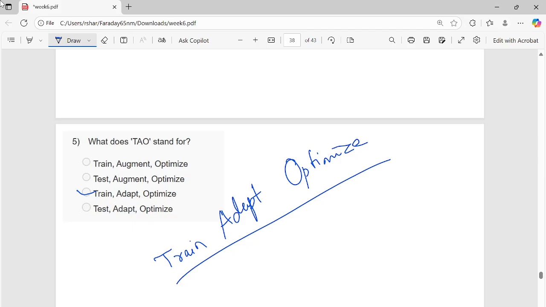Optimize means optimizing the trained model for deployment, such as pruning, quantization, or converting to TensorRT for inference. So finally, TAO stands for train, adapt, optimize, and is widely used for simplifying and accelerating the process of building production-ready AI models.